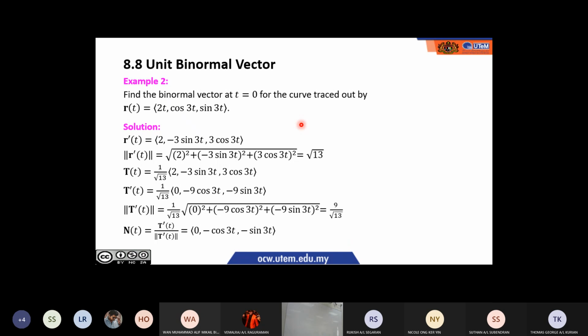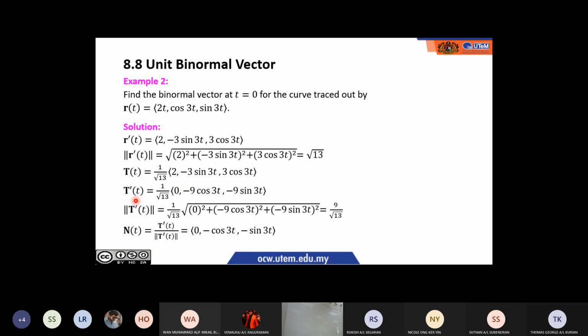Another example. Find the binomial vector at t equals 0. This one is similar. You find the r prime, the magnitude of r prime, and find T. You got a constant for T. When you find T prime, because this is just a constant, just leave it and find the derivative for the vectors.